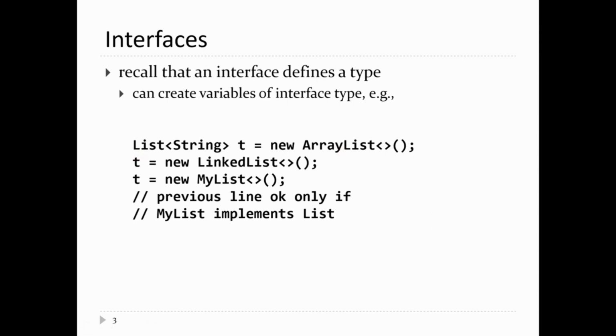So it has more than one type. LinkedList's type is LinkedList, but it's also List. And MyList's type is MyList, but it's also List in this case. So objects in Java can be substitutable for other types, and similarly, objects in Java have more than one type.